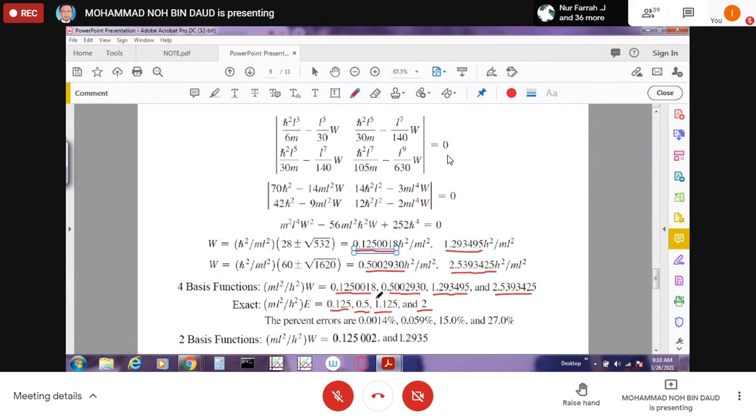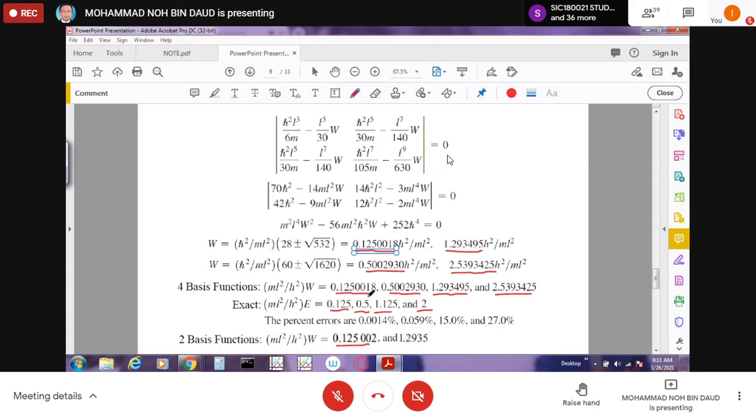Using 2 basis functions, you can see here, by comparing this with 4 basis functions, a slight improvement. We successfully lowered this energy from 0.02 to 0.018, approaching the exact energy.